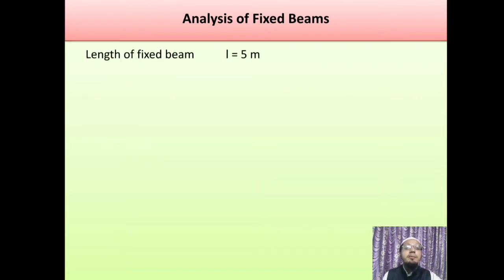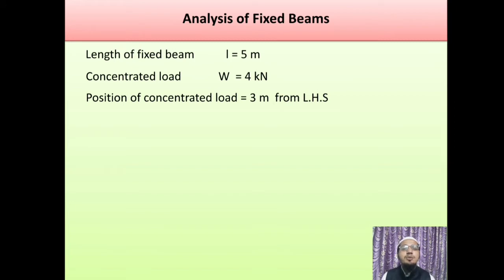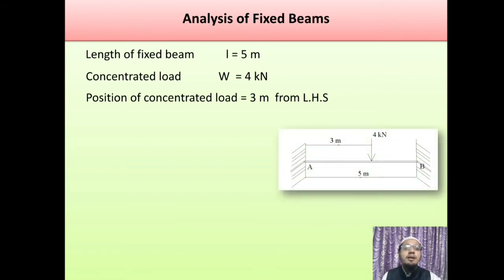First of all, summarize the given data. In the numerical, the length of the beam is 5 meter, and the concentrated load is W equals 4 kilonewton, acting at a distance of 3 meter from the left hand support, as shown in the diagram. Let this 3 meter distance from support A be small a.